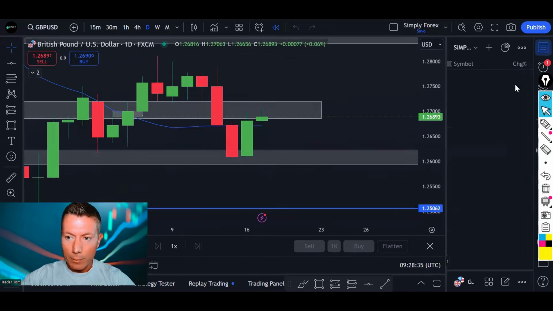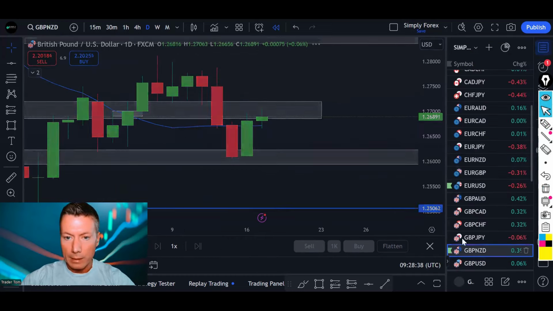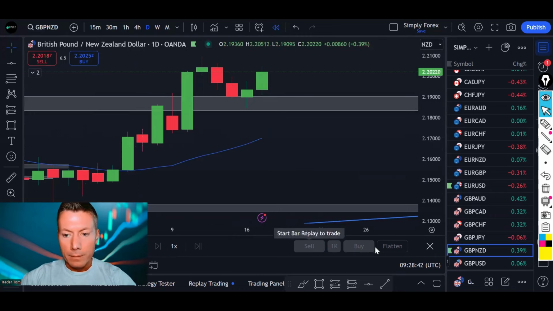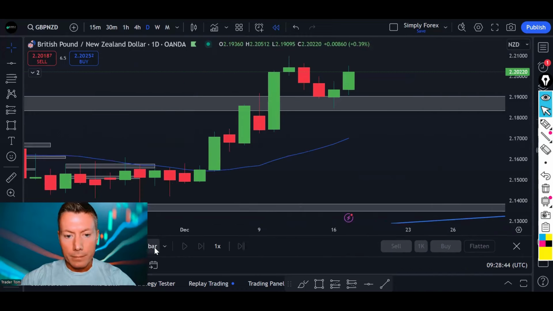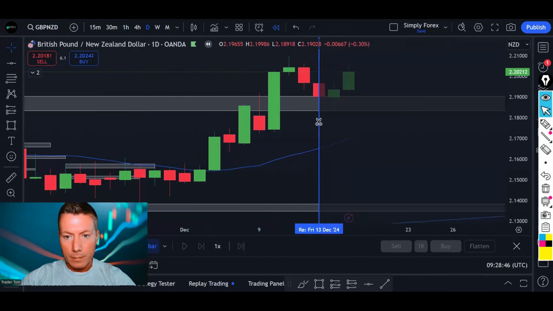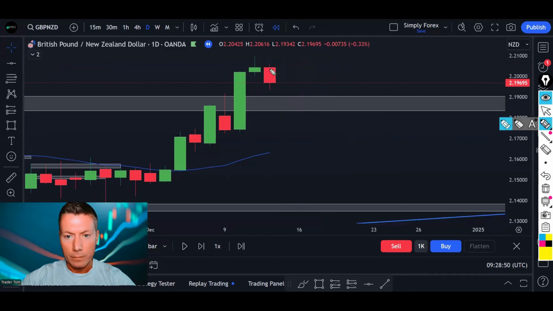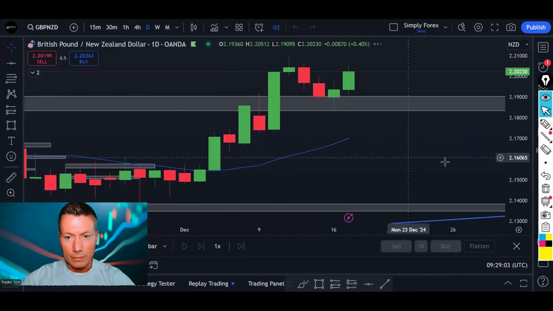But now let's take a look at pound New Zealand dollar and see how that played out. Let me go back in time to the 12th. So this was the candle we're looking at. This was the 12th. This candle here is bearish. It was suggesting that it could make its way back down to here. And if we play this one along as well, it got back down to that level.